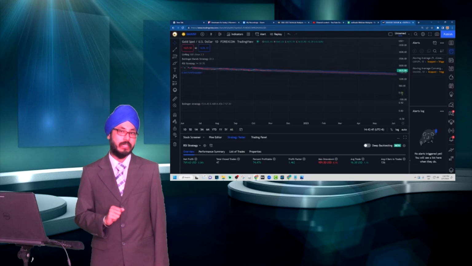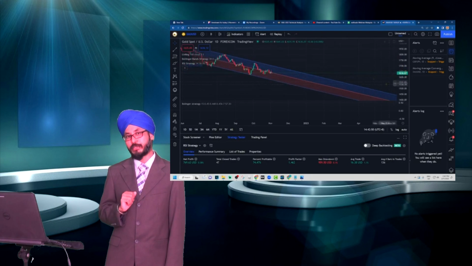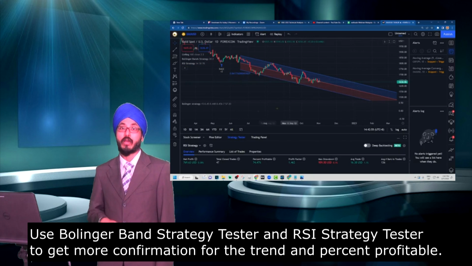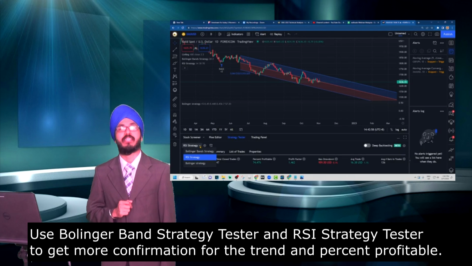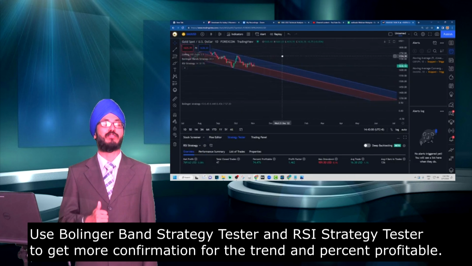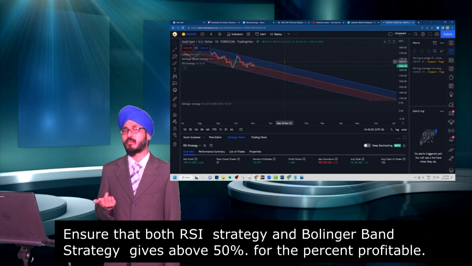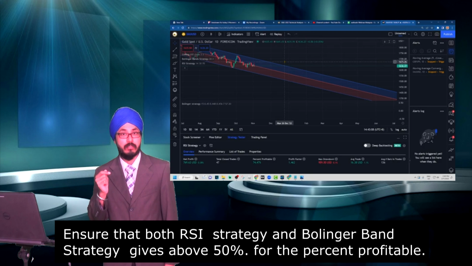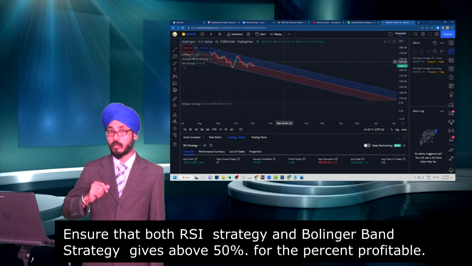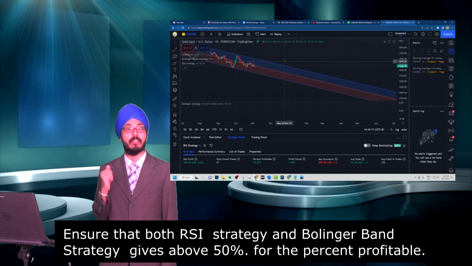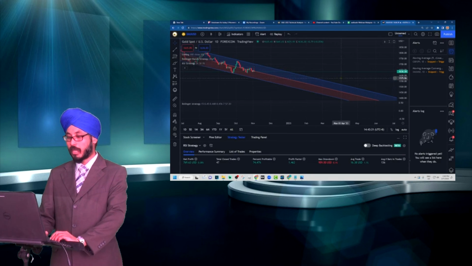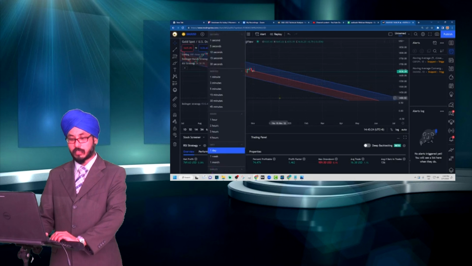It's important for us to have more confirmation, where we can check the percent profitable by the strategy tester. I will use two strategy testers, the Bollinger Band strategy tester and also the RSI strategy tester. It is very important that from both strategy testers, you get the percent profitable above 50%, for both the RSI and the Bollinger Band strategy testers. So we go to the 1 day and check our RSI strategy tester first.